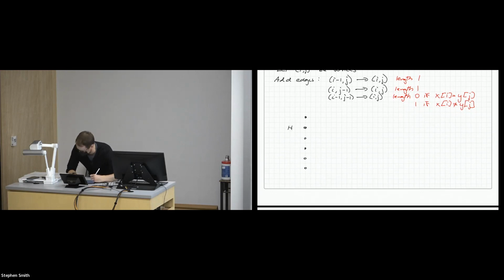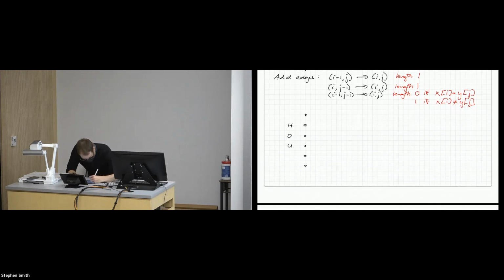On this side, I'm going to put HOUSE, and along the top, HOSE. So the indices here are 0, 1, 2, 3, 4, 0, 1, 2, 3, 4, 5.